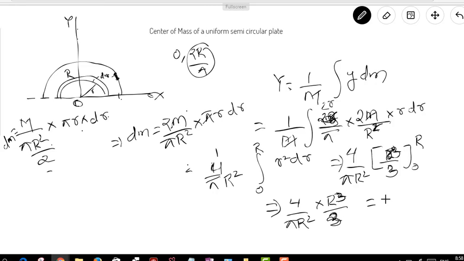So the value will be 4r by 3 pi. So the center of mass location will be 0 and 4r by 3 pi. This will be the location of the center of mass.